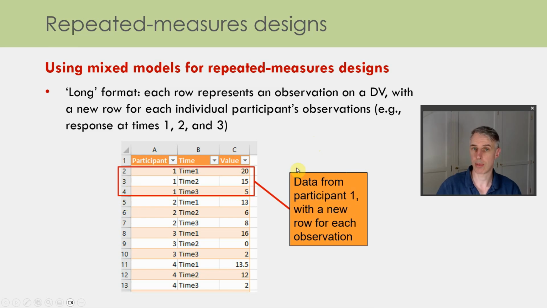Rather than all being in the same row, we have the first row providing their score from time 1, the second row providing their score from time 2, and the third row providing their score from time 3. And we also now have a variable that identifies which time point the value comes from.